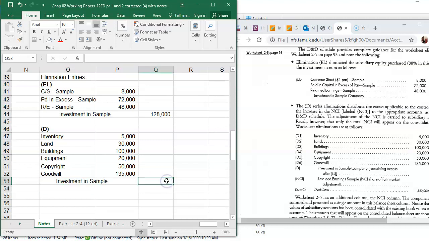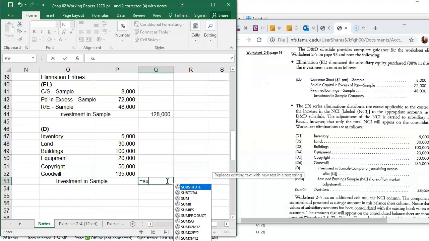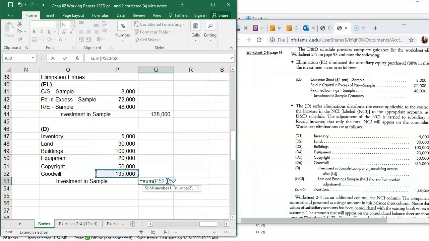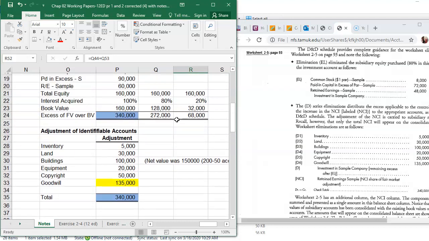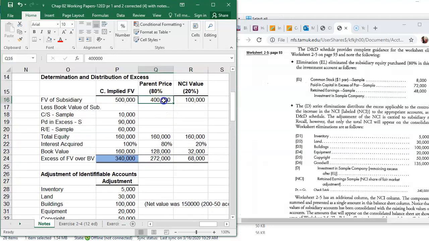Now, what I'm about to do is wrong, so don't copy it. If I just added this up like I did before, when we owned 100%, these two together equal $468,000. The most that should be coming out of the investment is the $400,000 that I originally put in.